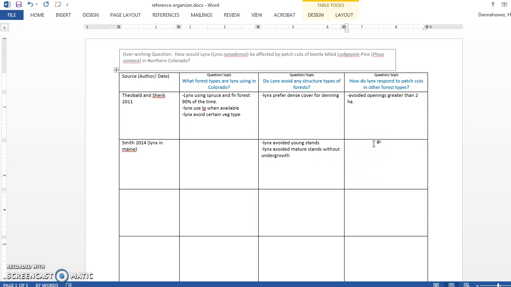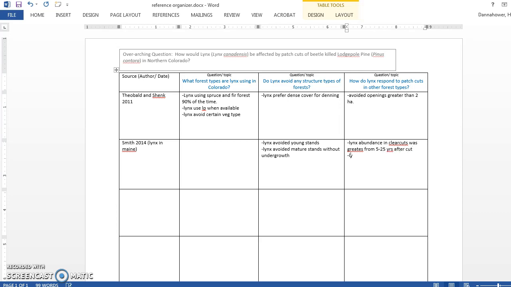But really, maybe the majority of the information I find from this article has to do with how they responded to patch cuts. So I might say that lynx abundance in clear cuts was greatest from 5 to 25 years after the cut.